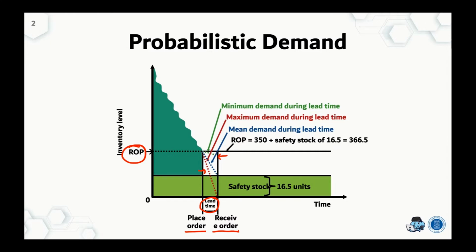To accommodate that, we introduce the concept of safety stock, which is an additional stock to absorb this behavior of the probabilistic demand during the lead time. So what is the safety stock? Let's see this in detail.